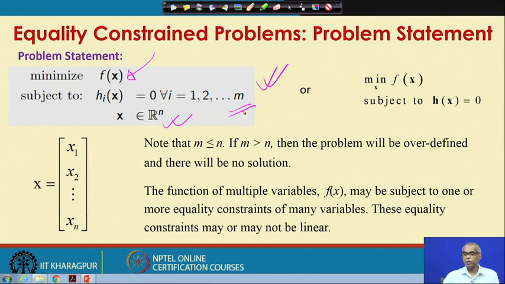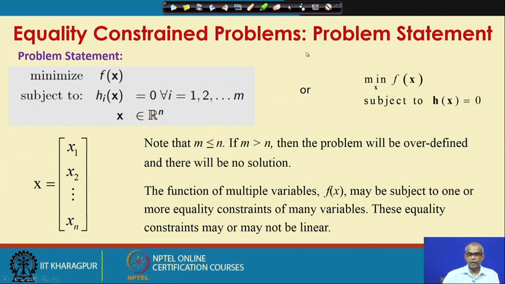This can also be written compactly as minimization of f(x), where we understand that x is an n dimensional vector, subject to h(x) = 0. Note that m is less than or equal to n.